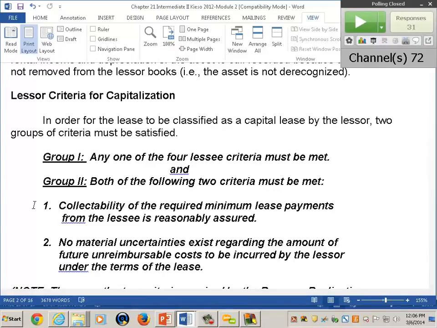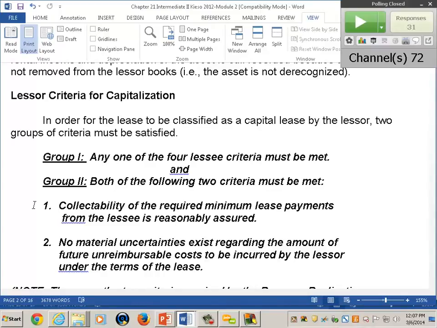Now, believe it or not, this is a relatively new standard. When I was in school, it was a dramatic shift in lease accounting because now we brought harmony, or at least symmetry, to the accounting. So if you meet one of 4 of the lessee conditions, you've got a capital lease, and now you're on parity with the lessee.